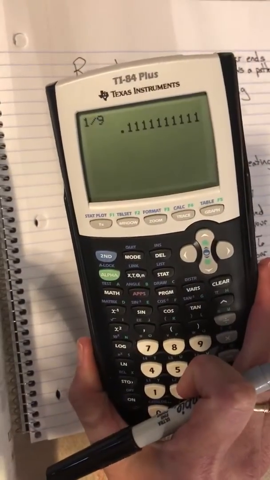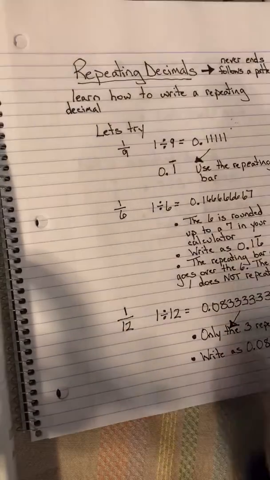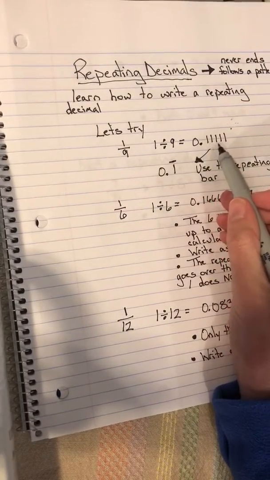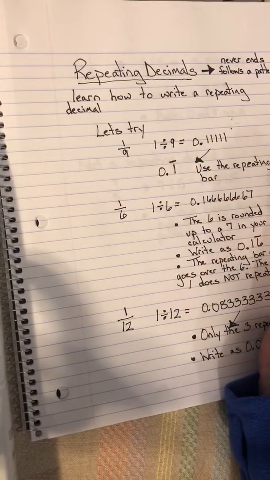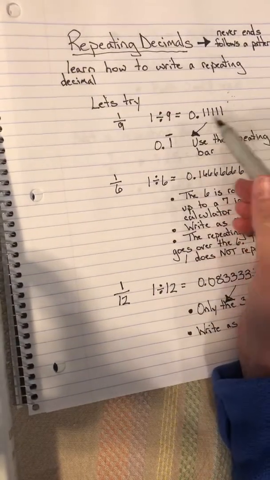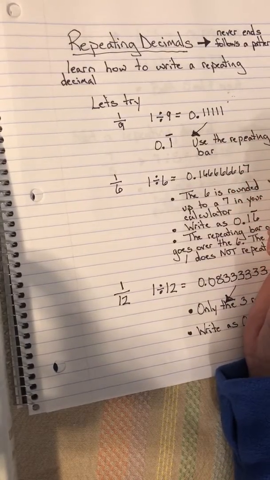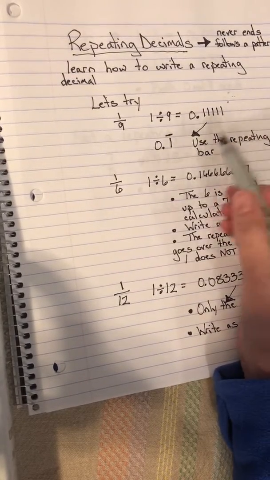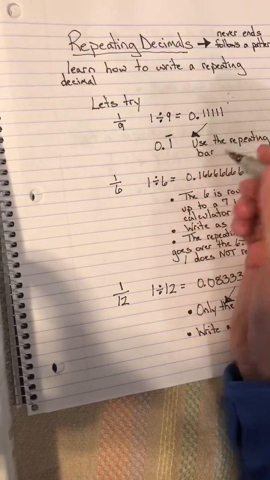Okay, and you're going to get a decimal that looks like this. 0.111111, and it fills up your calculator screen. Mathematicians do not want to have to write all those ones, so they have come up with a symbol that's called a repeating bar.